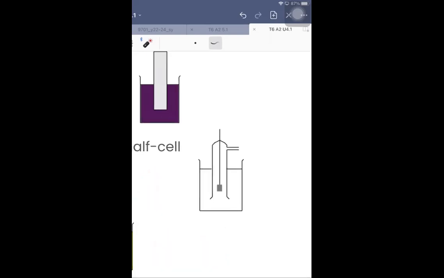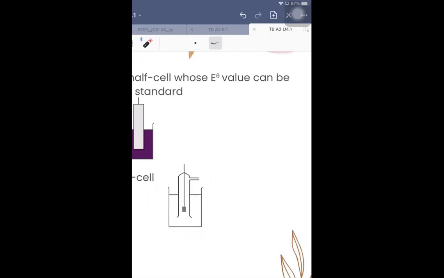Okay, so the way you draw your half cell and eventually your whole cell, complete cell, is that you must look at the state of your two species. Is it a solid and aqueous species, in which case you will use this drawing?